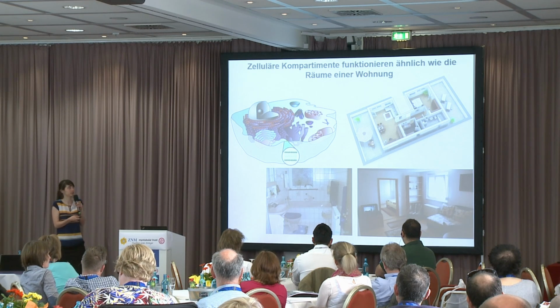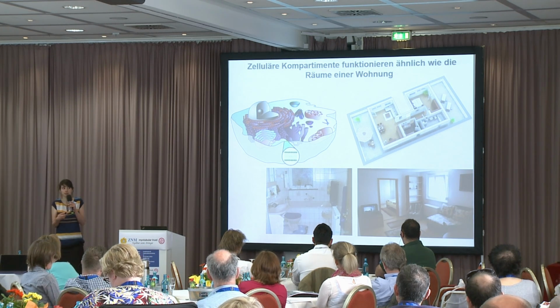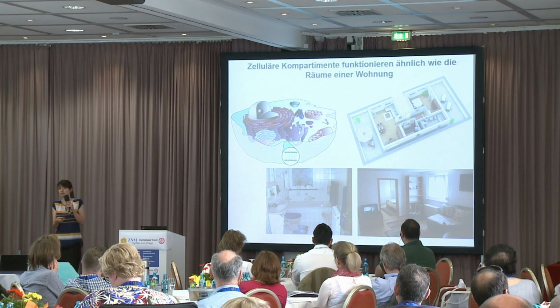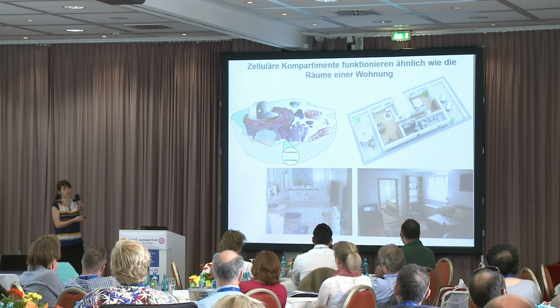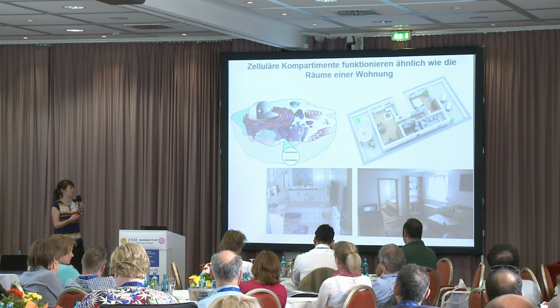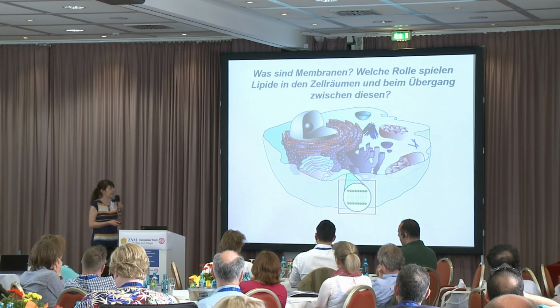Some of the compartments are essential for taking in energy. Others are there to clean up the cell, and these different compartments in the cell are separated by membranes. This is how inside a cell there can be different processes taking place.